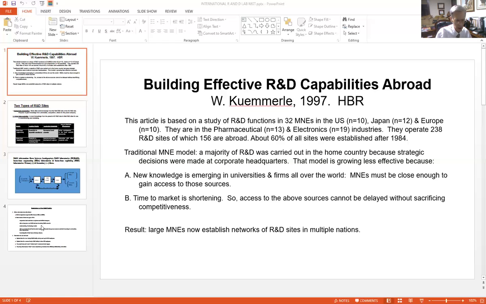Instead, there was a new approach being taken. New knowledge was emerging in universities and firms all over the world. We've talked about that. But another thing that occurred is that the time between the discovery of a new product or process and when it got to market was shortening.